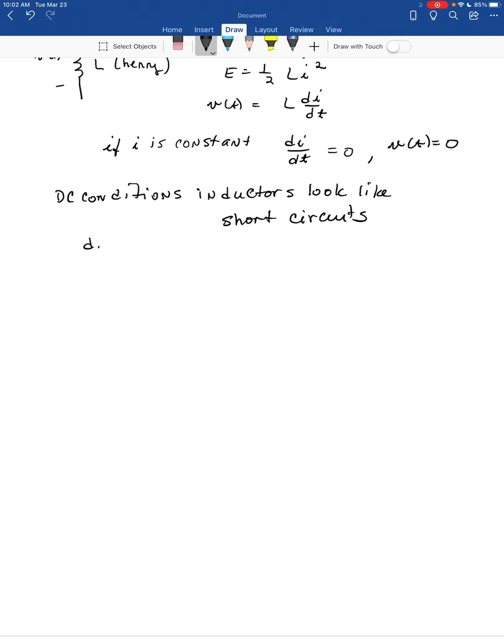Okay, furthermore, if we look at that derivative di dt, what this tells us is that I cannot change instantaneously. If it did, it would mean that this derivative would try to approach infinity.